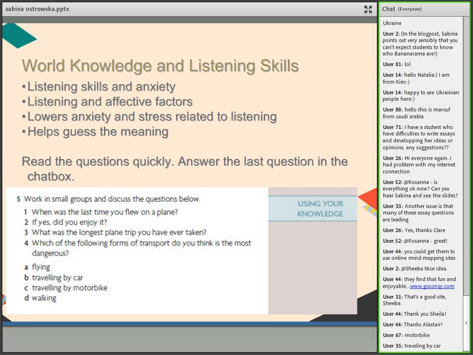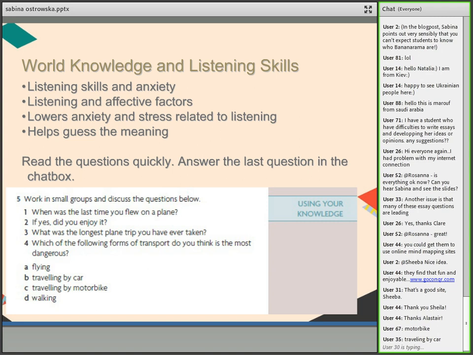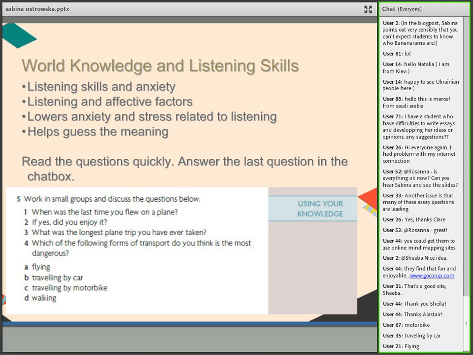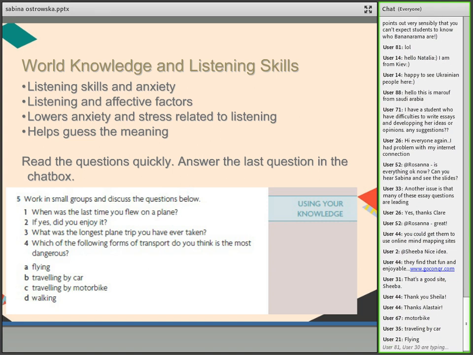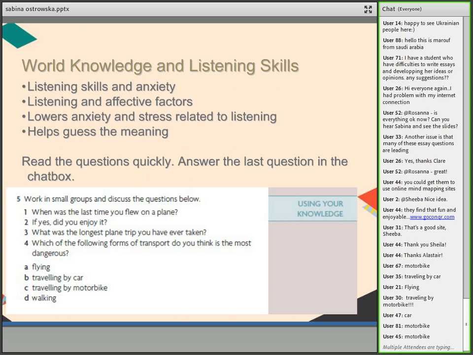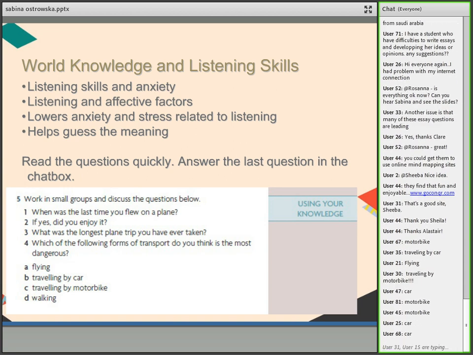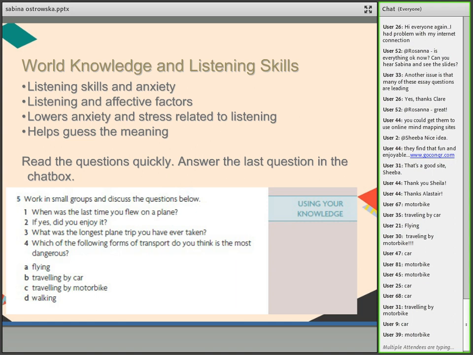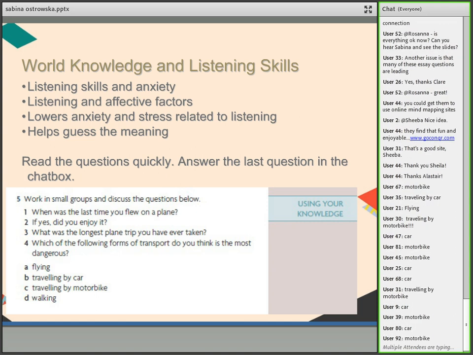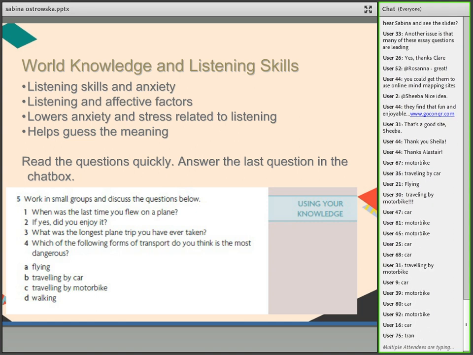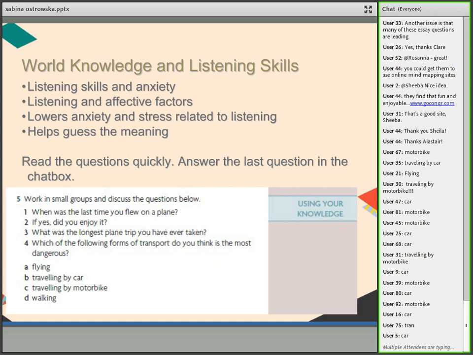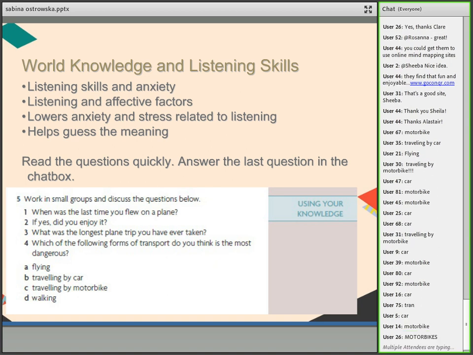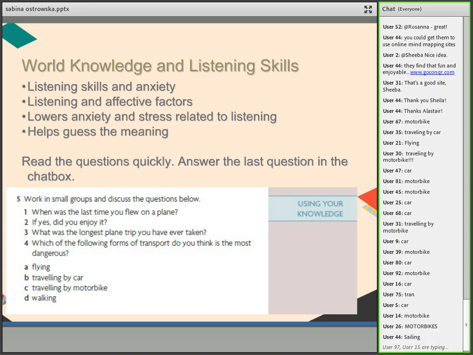Can anyone guess which of the following forms of transport do you think is the most dangerous? Motorbike, flying, car? I'm looking for the motorbike, car. Okay, so we agree flying is not the most dangerous form of transport. Train? No. Okay, so it's between motorbike and car.